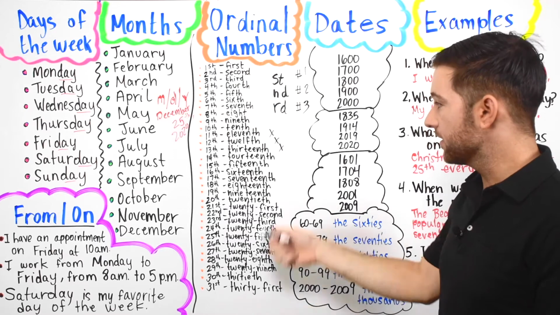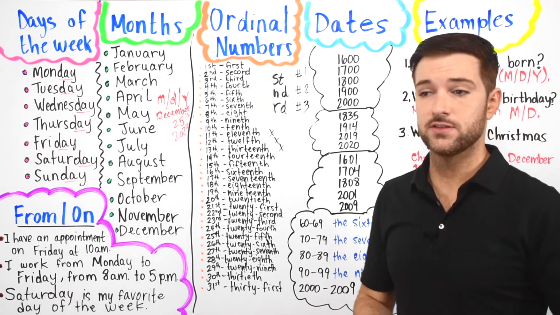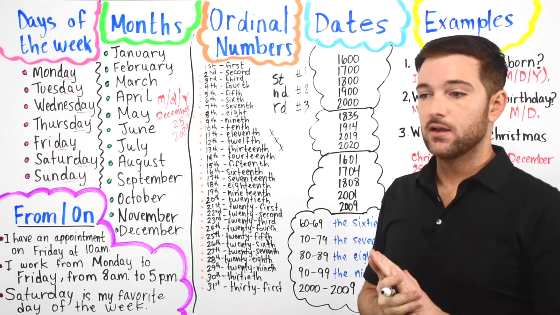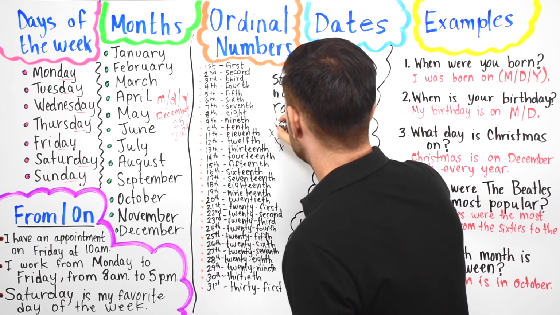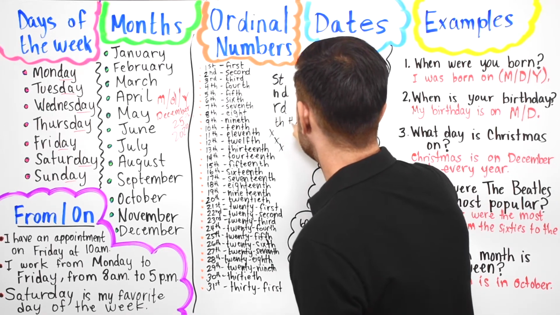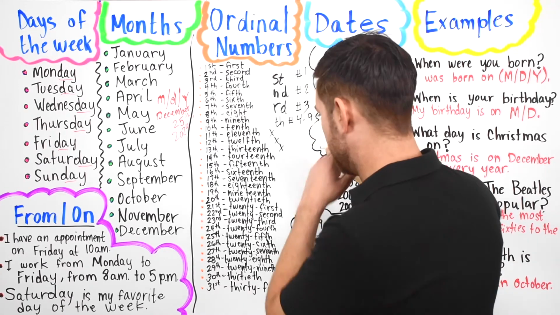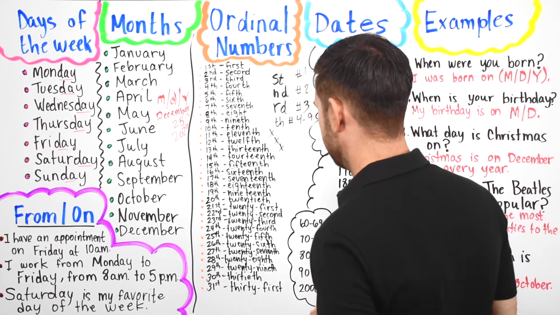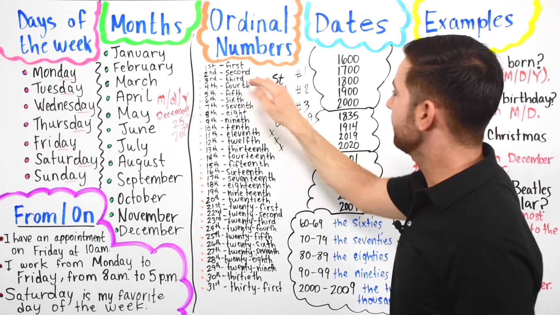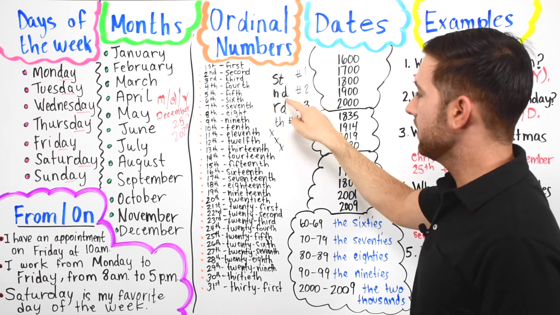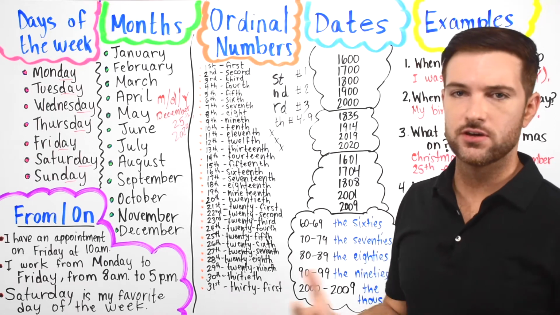Okay, but we do it for the other ones, but not 11, 12, and 13. All the rest of the numbers, we use TH. So for 4 through all the rest, okay, through 9 or whatever. You can see it here, like with first, second with ND, third with RD, fourth with TH. So pretty easy, guys.